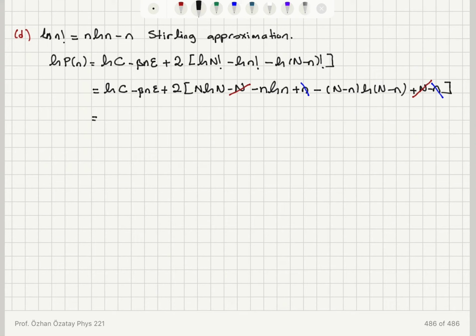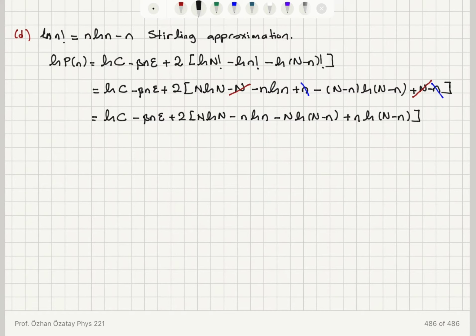So I will be left with natural logarithm of c minus beta n epsilon plus 2 times: capital N natural logarithm capital N, minus n natural logarithm n. And then I have minus capital N natural logarithm of capital N minus n. And then I will have plus n natural logarithm of capital N minus n.